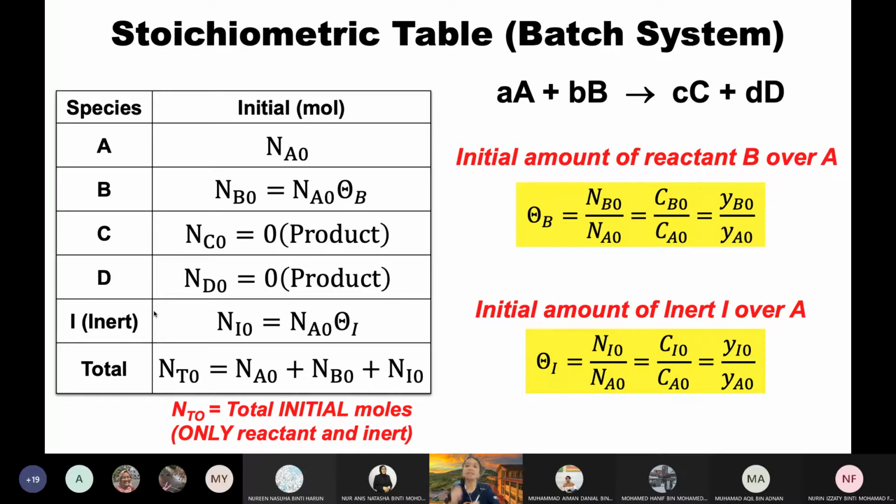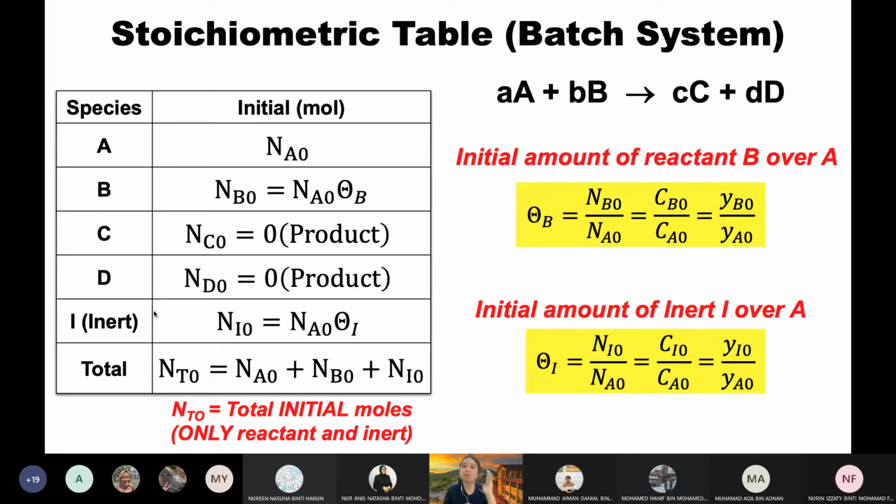So next, inert. So inert ni tak semestinya kena ada. Dia bergantung kalau tindak balas kamu ada inert. Macam mana kita nak tahu ada ke tak ada inert? Kalau kamu perasan awal-awal sistem compound tu wujud dalam reaktor kamu, tapi kamu tengok dalam tindak balas dia tak ada pun, tu maksudnya dia adalah inert lah. Means they do have in the system, just that they are not involved in the reaction.